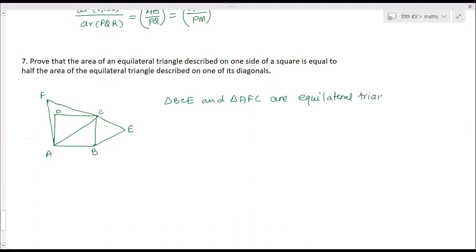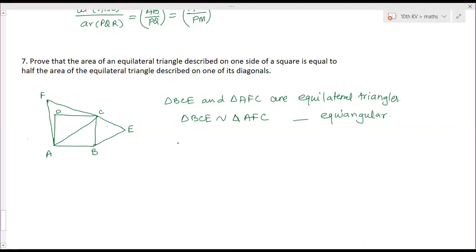Therefore, what can we say? The two triangles are similar. Yes, triangle BCE is similar to triangle AFC, equiangular. That means all the angles are equal. That is the reason.